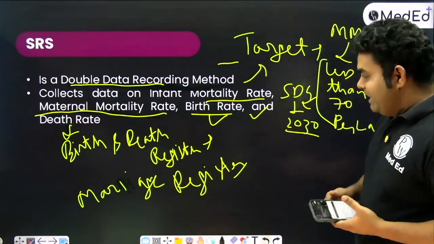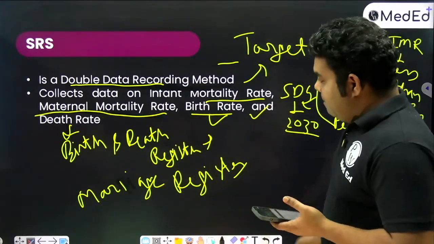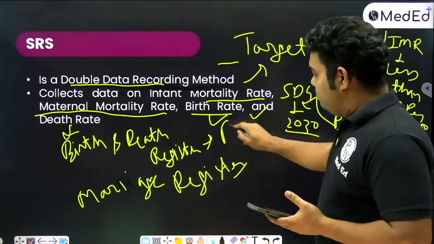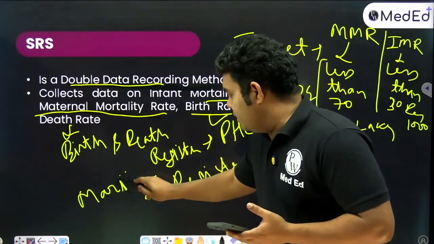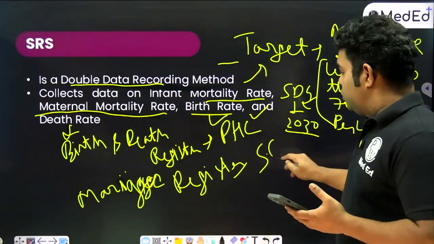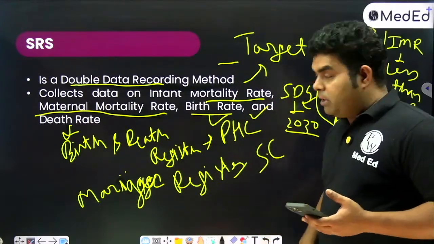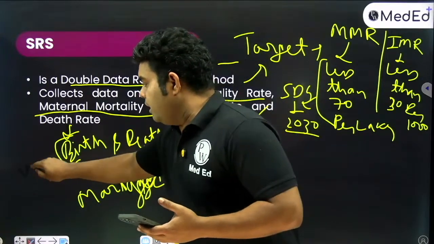So what is the answer for birth rate, death rate? Birth and death are registered at PHC, and marriages are registered at the sub-center. Do remember. And the date by which birth and death should be registered is up to 21 days.